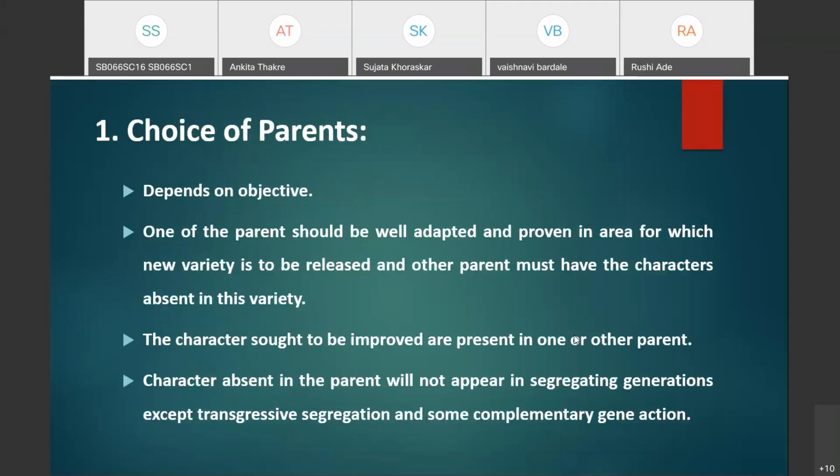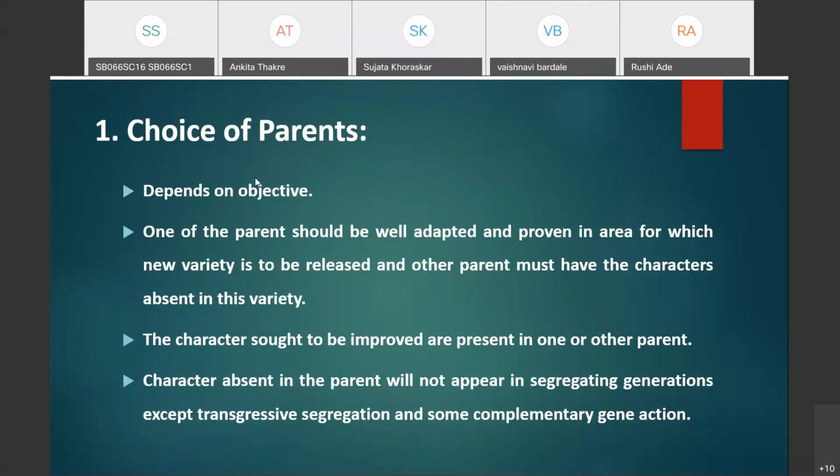The first is the choice of the parents. Generally, the parents to be selected for crossing or mating depend upon the objective of the hybridization program.